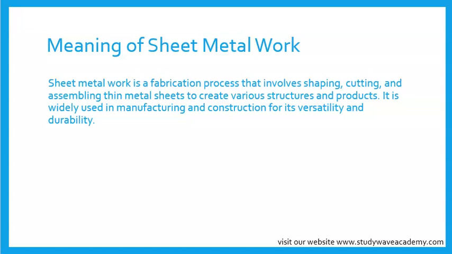Okay, sheet metal work is like crafting with thin metal sheets. You shape, cut, and put these sheets together to make things. It's super useful in making all sorts of stuff. Okay? Do we understand?